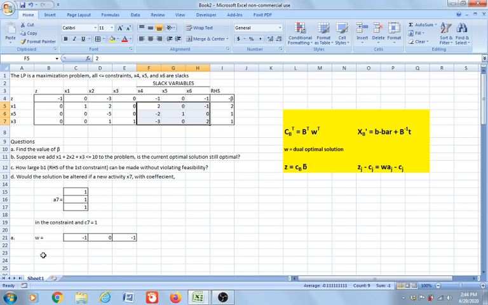So our B inverse is equal to 0, minus 1, and minus 2, 1, and 0, minus 3, 0, and 2. That's the B inverse.